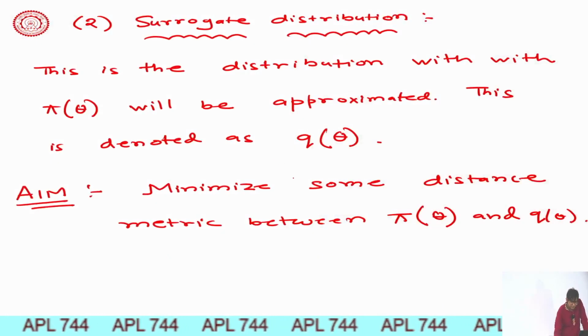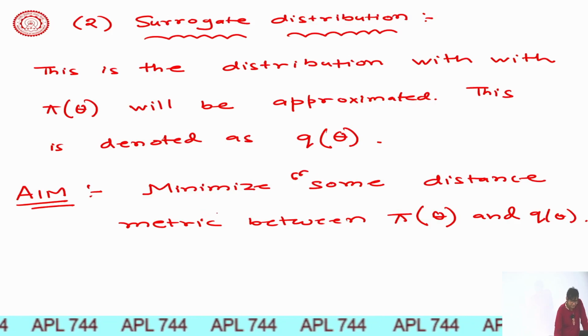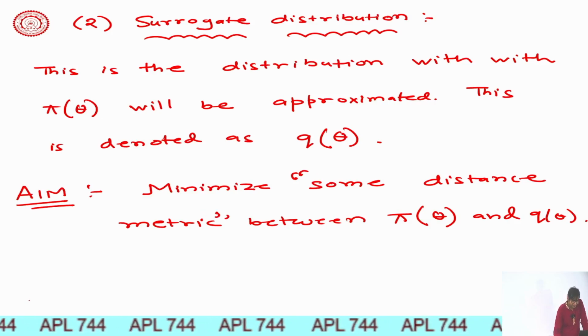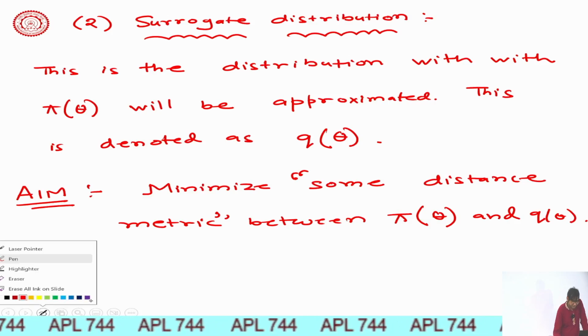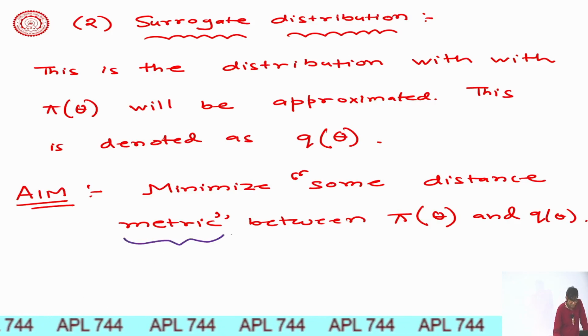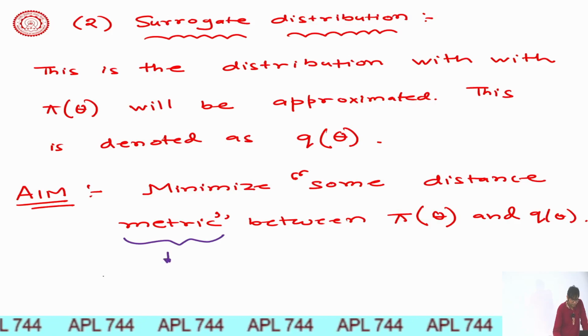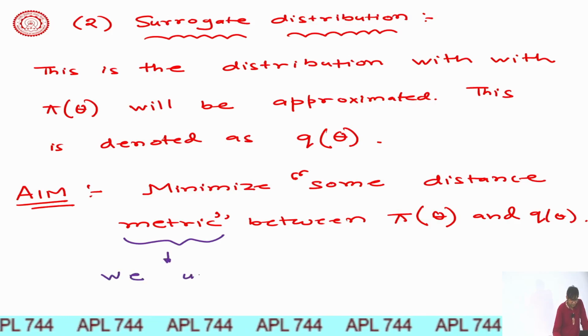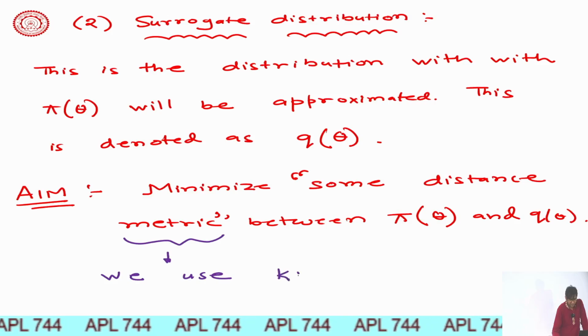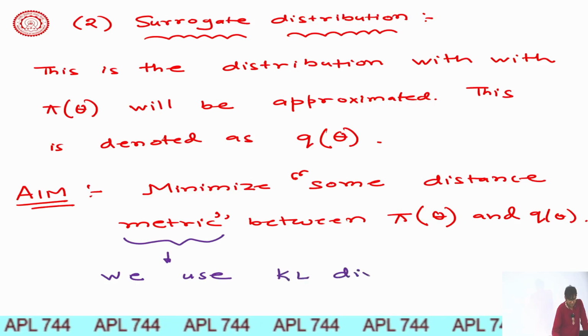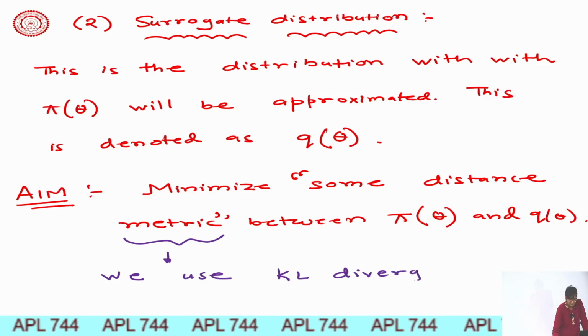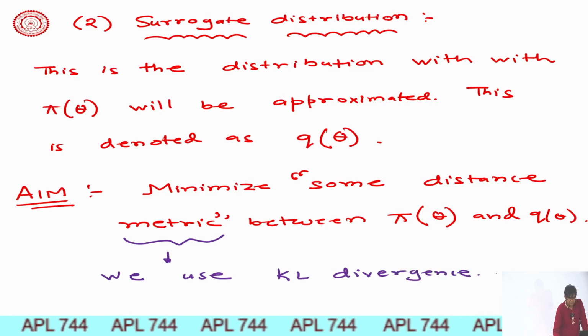So this distance metric is basically what we use: KL divergence. Okay.